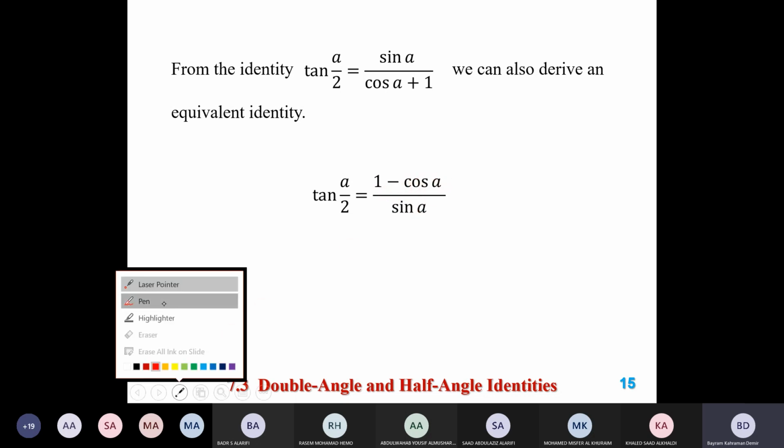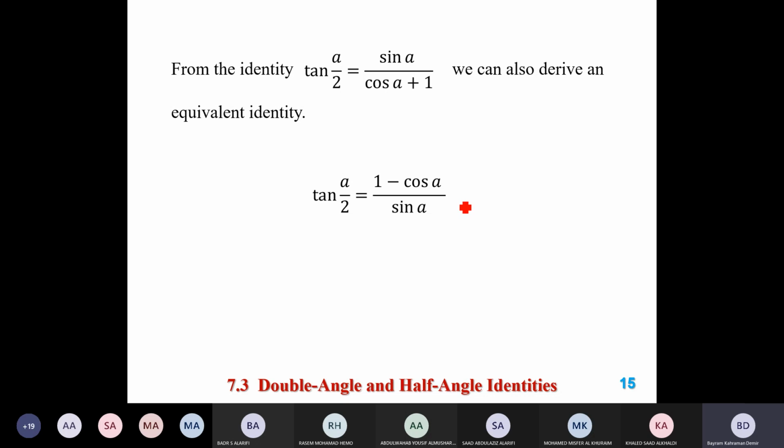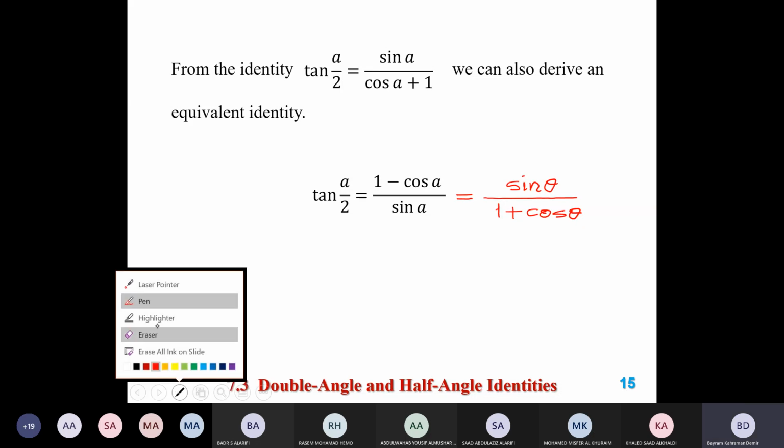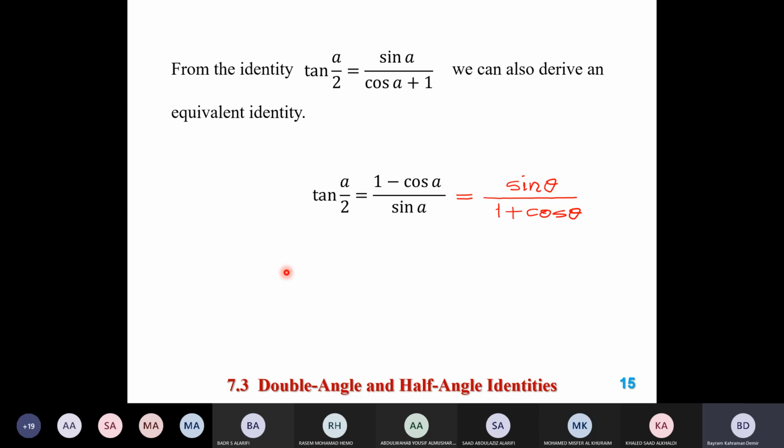Maybe if you remember from section 7.1, we showed that these two expressions are equal. These are the same, 1 minus cosine over sine, and sine over 1 plus cosine theta. Do you remember why these two are equal, Shabab? Can anybody remember anything?